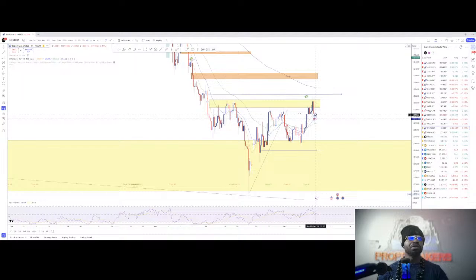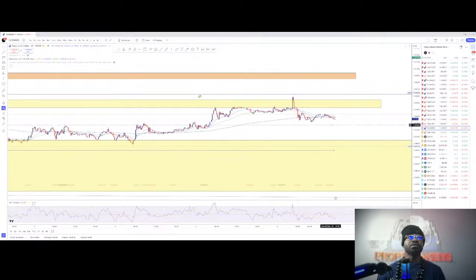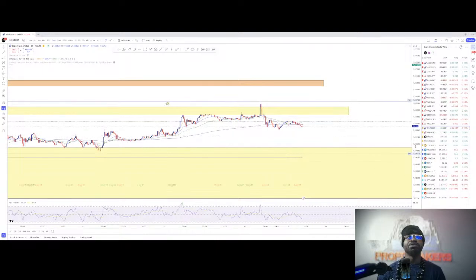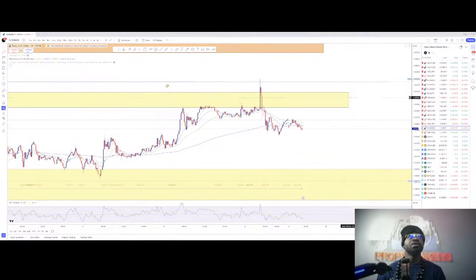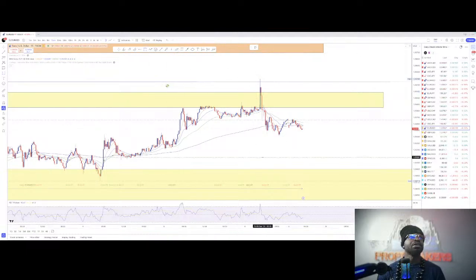So right now, let's go to a smaller time frame to see what's happening right here in this area. So on this 15-minute, we have consolidation right here with current price. So let's just track price.